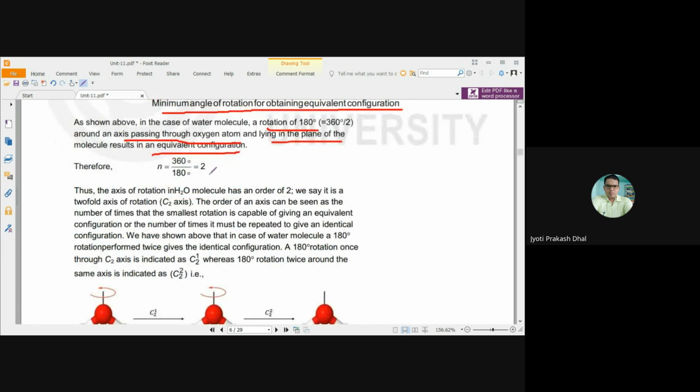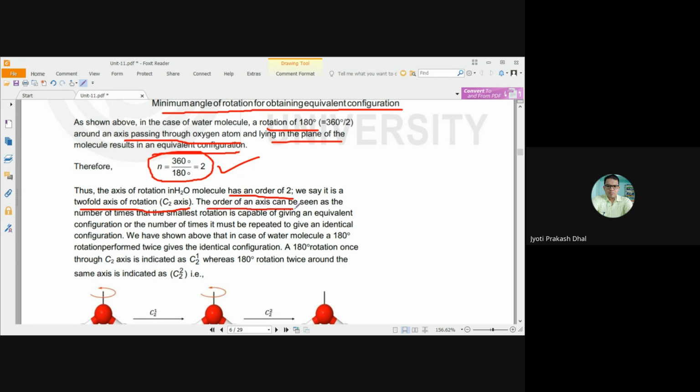So here n equals 360 divided by 180, that is 2. The axis of rotation in the water molecule has an order of 2, and that's why it is called a two-fold axis of rotation, the C2 axis. For the water molecule, we perform a two-fold rotation to get an equivalent configuration.